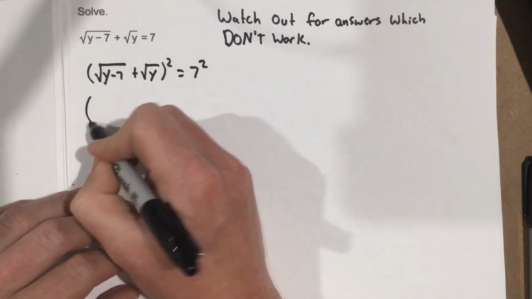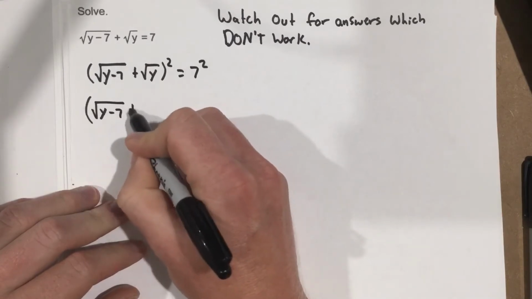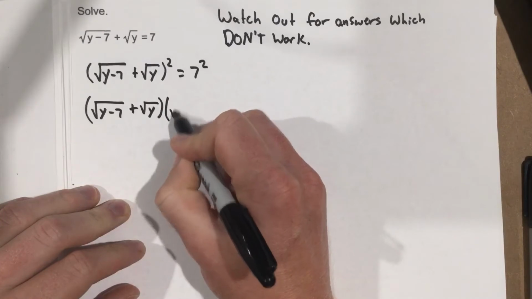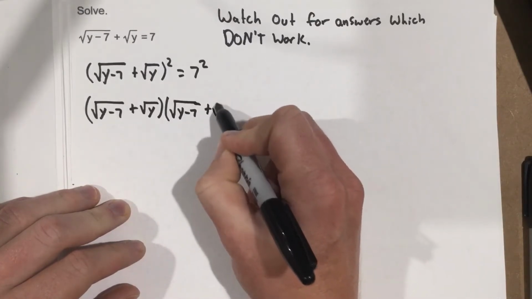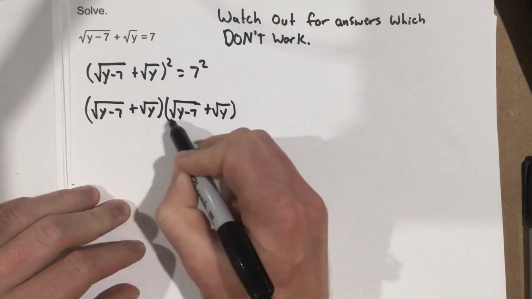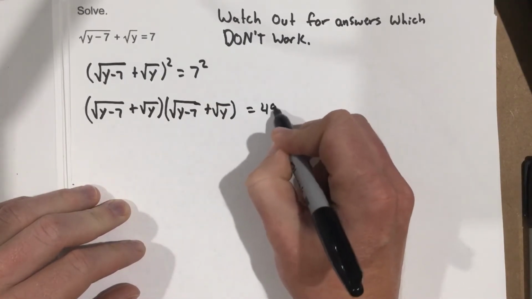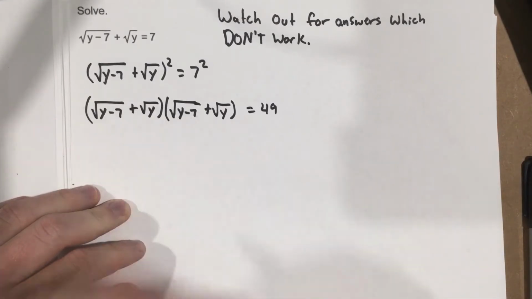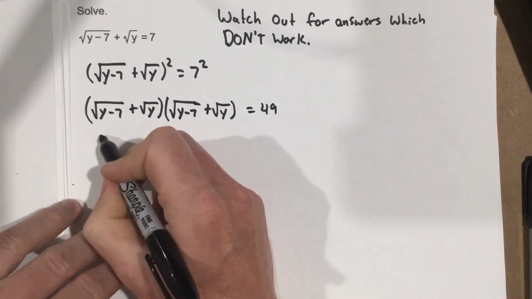That's going to give me radical y minus 7 plus radical y times radical y minus 7 plus radical y. All right, when we split the square up into the two binomials, that equals 49. Now I'm going to multiply. When I do the radical times this radical, I get y minus 7. The radicals cancel.